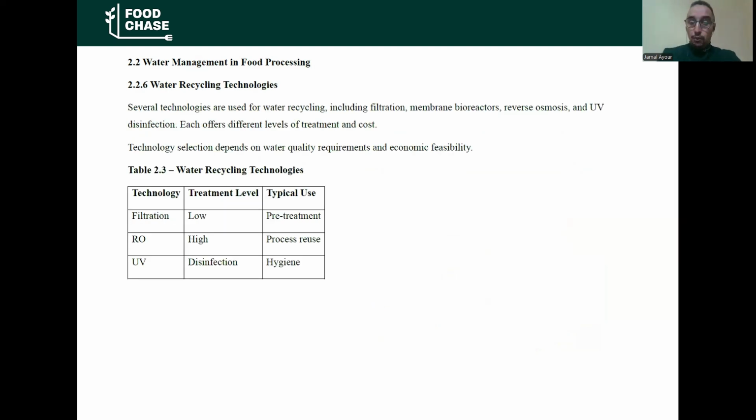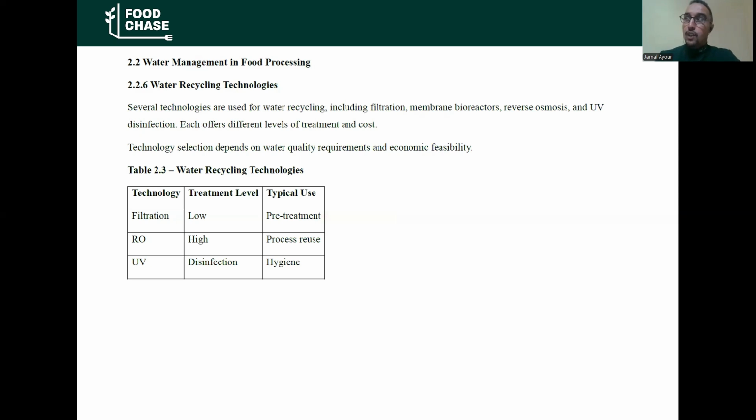Water recycling technology: a lot of new technology is used for this objective, such as filtration, ultraviolet treatment, and other new technologies.